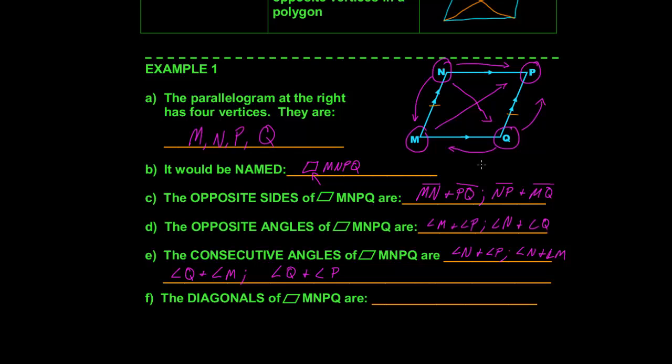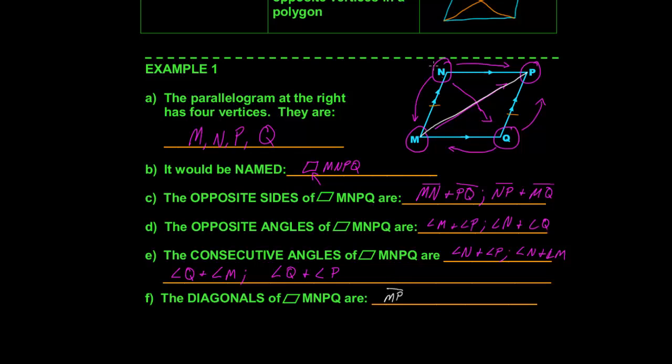Alright. Now, let's see, what do we have here? The diagonals. If we were going to draw a line, let me grab another color for this, from there to there, what line would that then represent? We would have MP.